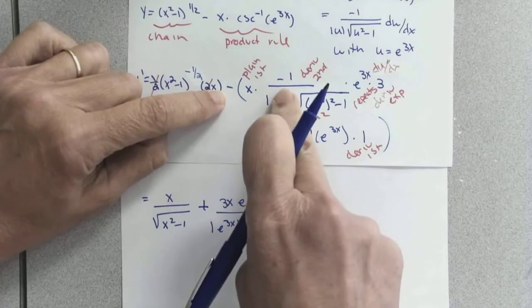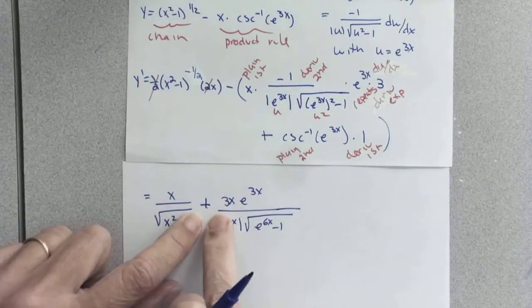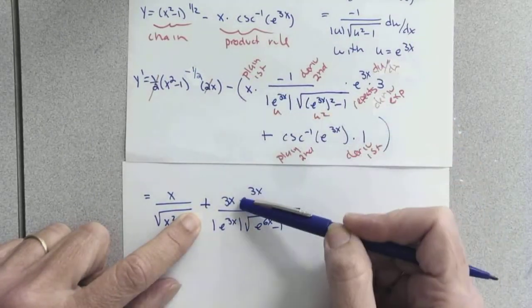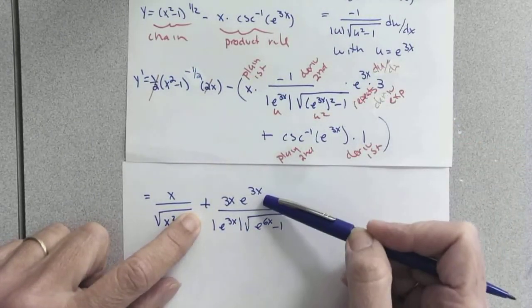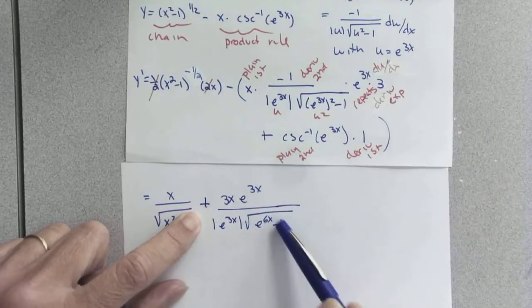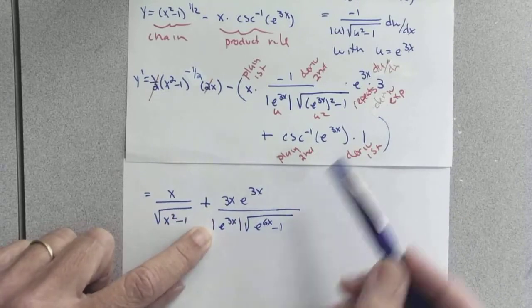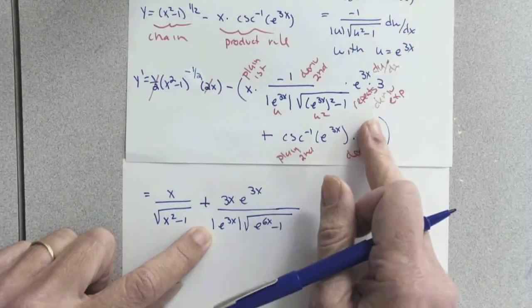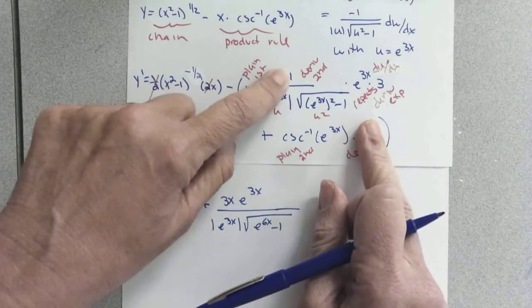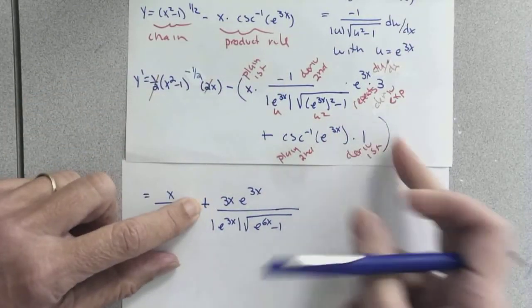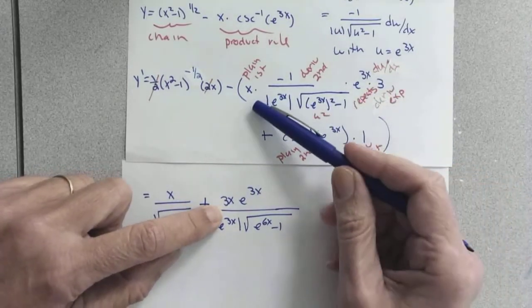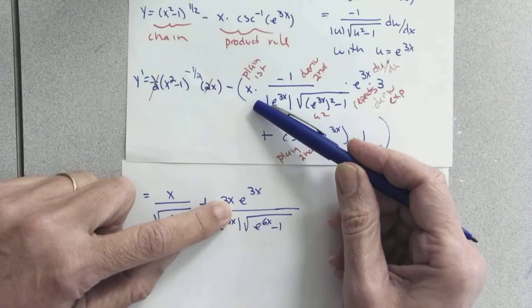The two negatives, we're going to make it positive. Then I had the 3, the x, and the e to the 3x all in the numerator. And the denominator, the absolute value, and then exponents to exponents I multiply. So that's everything in this first term. The two negatives made it positive. And then I had a 3, so there's the 3. I had an x, there's the x.